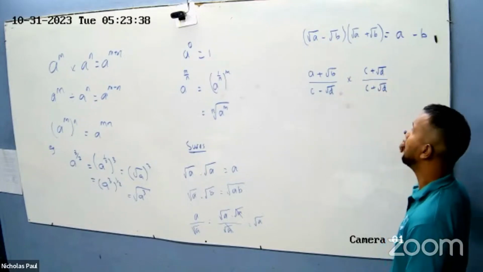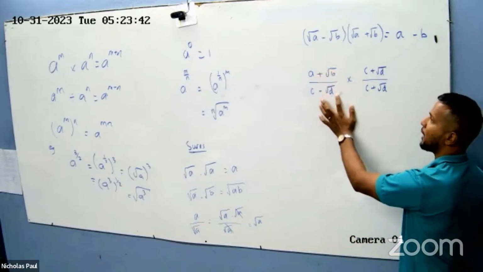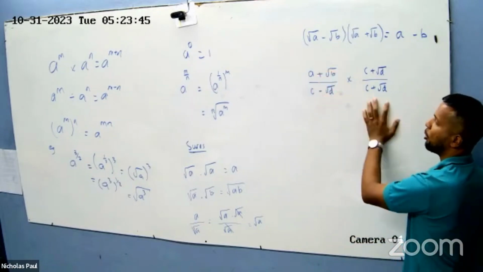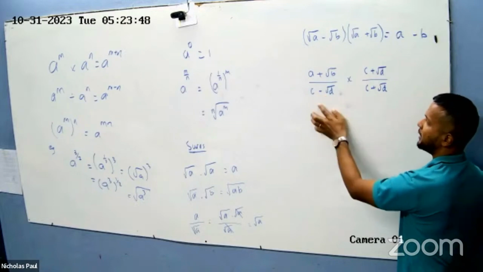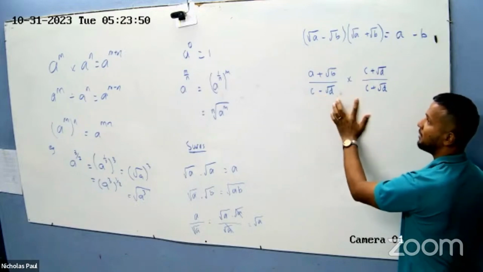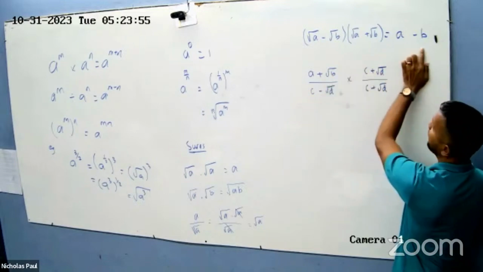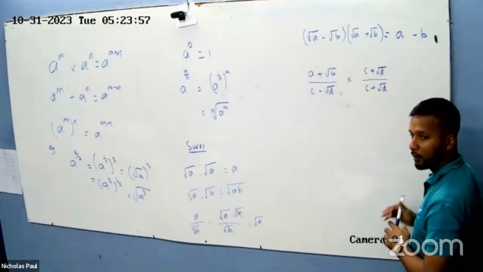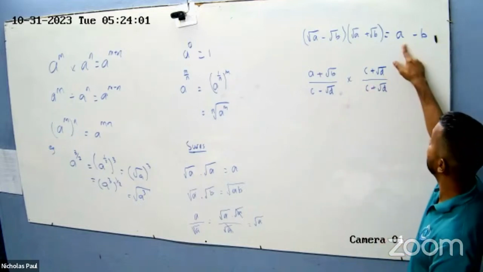So during this process of going from this fraction, we do something called rationalization. When you multiply the denominator by the conjugate of itself, this will now become a real number. So what you're really doing in the denominator is making it real.